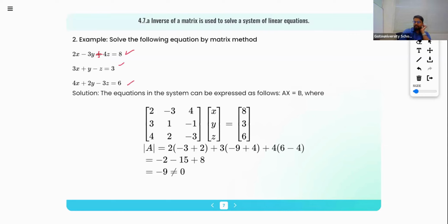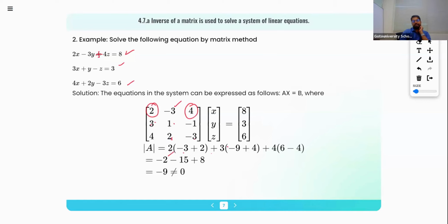First, we have to find the determinant of that. That is 2 into minus 3 into 1 plus 2. Minus of minus 3 becomes plus 3. Minus 9 plus 4. And then 4 into 3 2s are 6 minus 4. So what we are getting here is 2 into minus 1 minus 2.